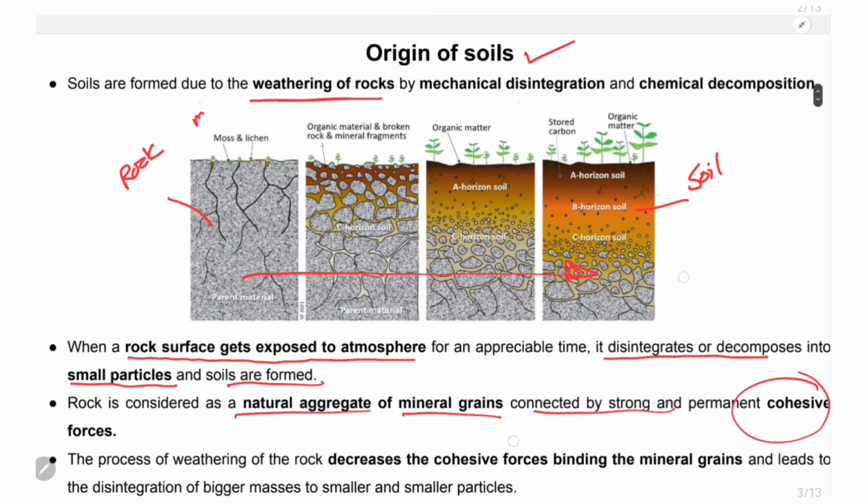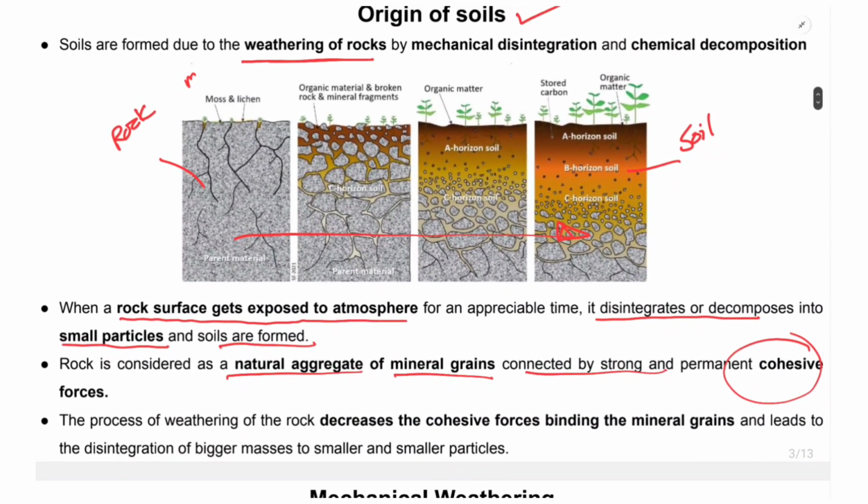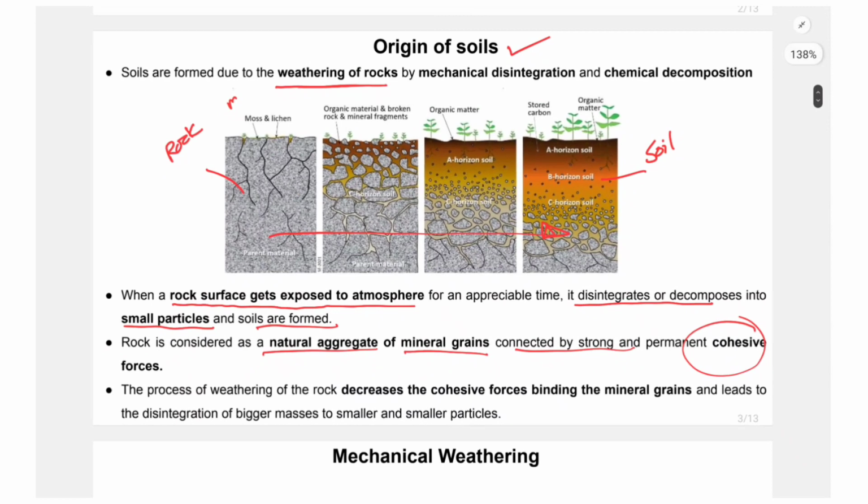The stability of rock is due to the strong attractive force between its particles, and this force is called the cohesive force. The process of weathering of rock decreases this cohesive force, and then small mineral grains or smaller particles form, which is nothing but the disintegration of rock.